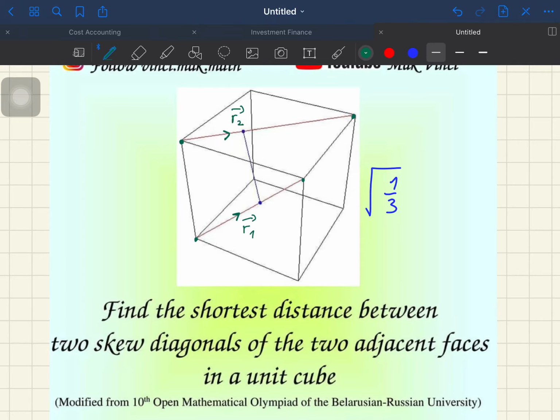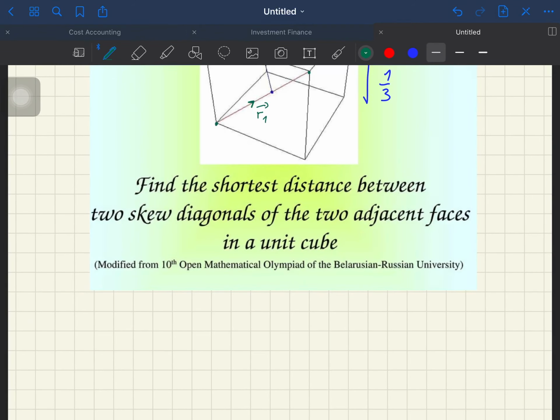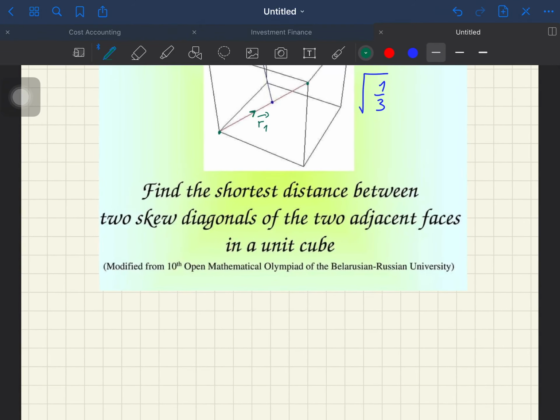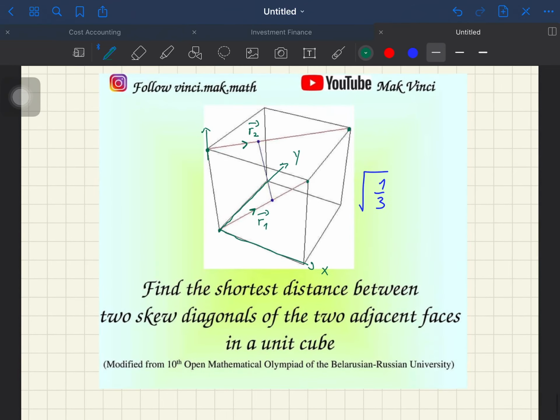We can make our own vectors in a very simple way. Just imagine that this is your z-axis, this is your x-axis, and this will be your y-axis. We treat every single axis as a positive axis.